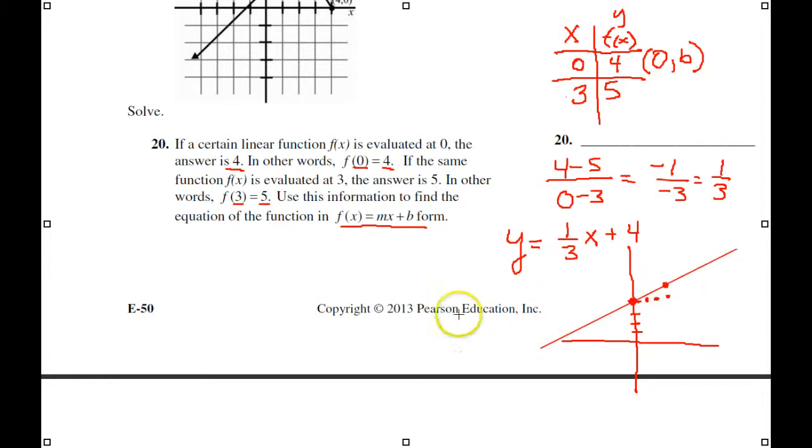And by the way, if you were to put this into MATLAB, they'd count it wrong. And you might say, well, how come? Well, because they're asking for it in function notation. So we have to change this to f of x. I'm glad I caught that, because then you'll be saying, oh, bonus point.